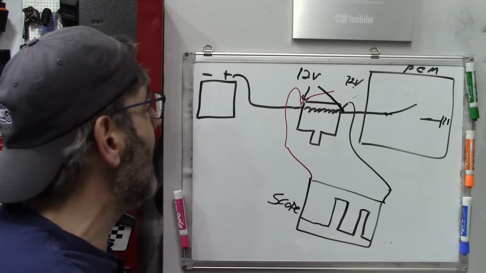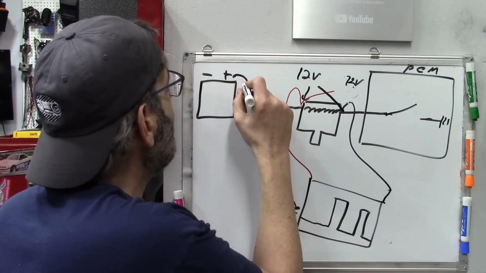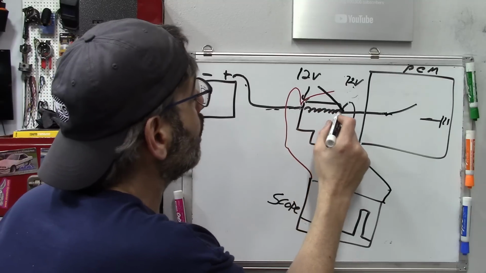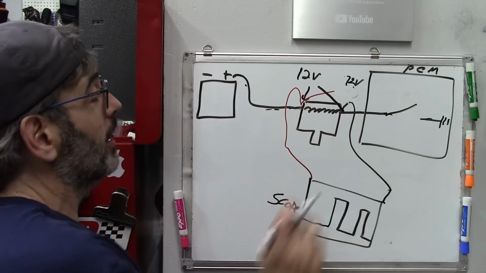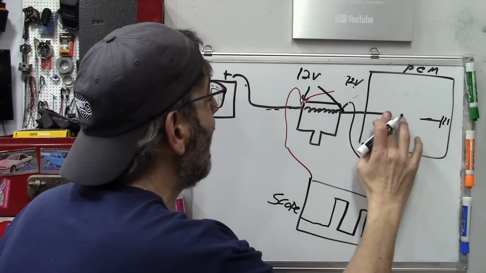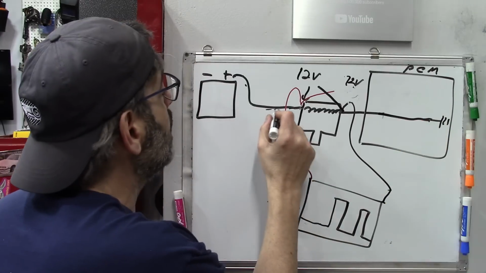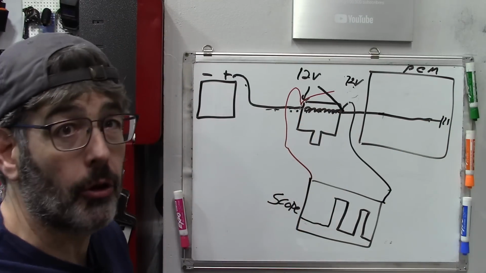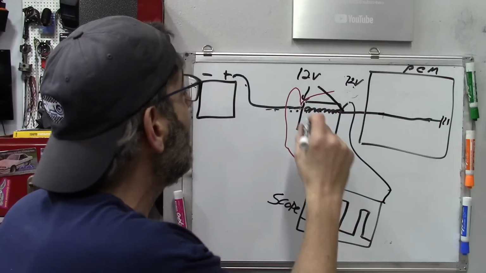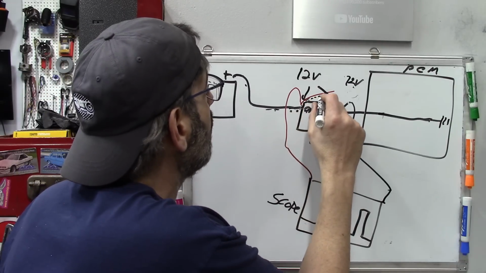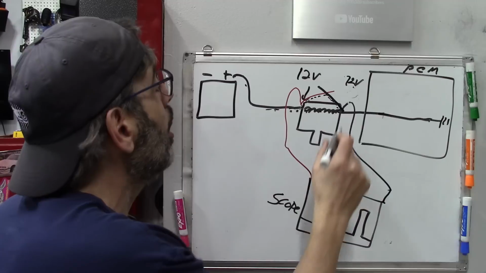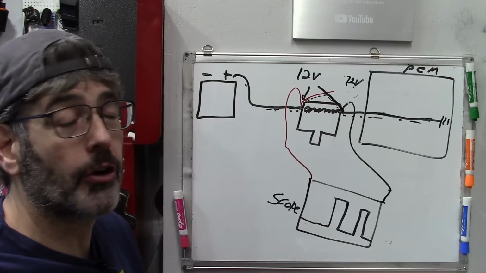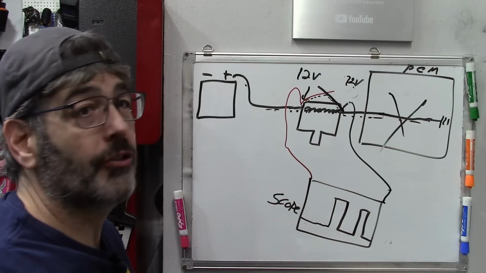We have our current going through here, but instead of going through the coil, like right now we're safe because the switch is open, when that switch closes and we put current through, that current is not going to go through the coil, which is the load in this system. That current is going to go through our crossed pins, which has no load. That's a short circuit. It's going to fry this computer.